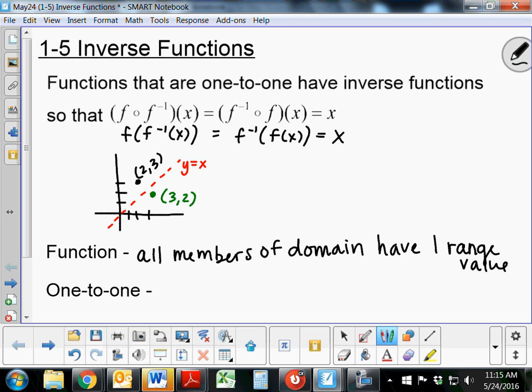Now, if we're going to reverse all the domains and ranges, if we're going to reverse every point on the graph and turn it around, in order to be a function, the opposite would have to be true. Can somebody think of a graph that if you were to reflect it across this line, it wouldn't be a function?